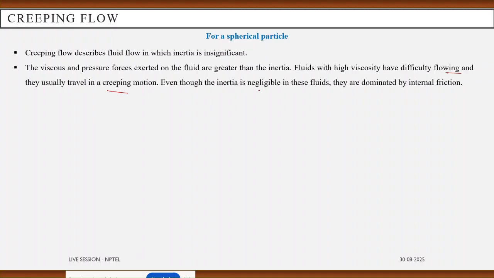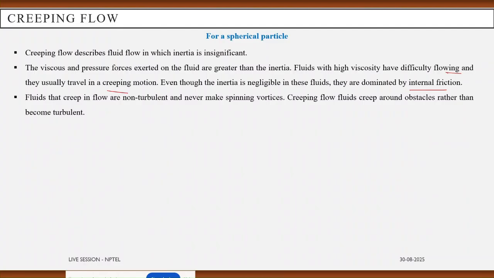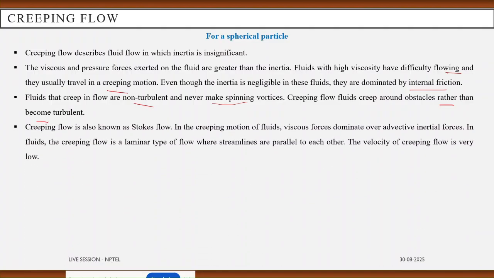Even though the inertia is negligible in these fluids, they are dominated by the internal friction. Fluids that creep in the flow are non-turbulent and never make spinning vortices. Creeping flow fluid creeps around the obstacles rather than becoming turbulent. So this creeping flow is also known as Stokes flow.